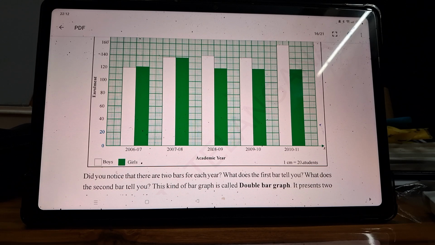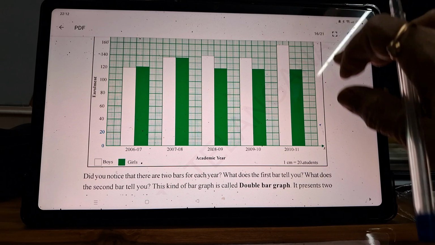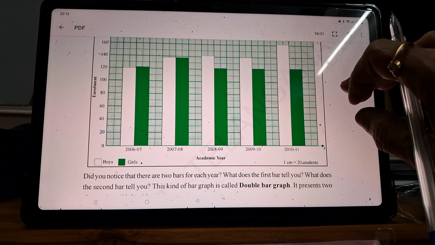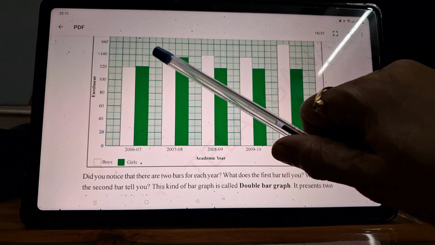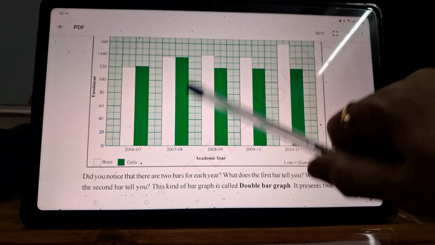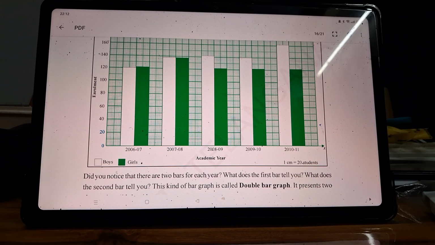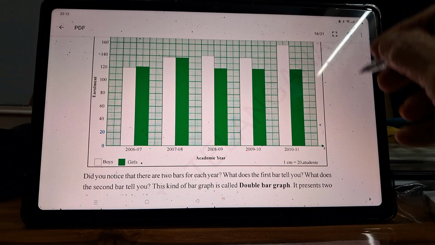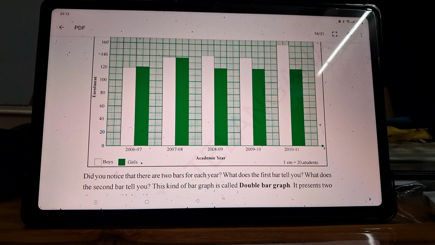In 2006 to 7. And the second one: girls more means 2007 to 2008. 2007 to 2008 girls enrollment is.